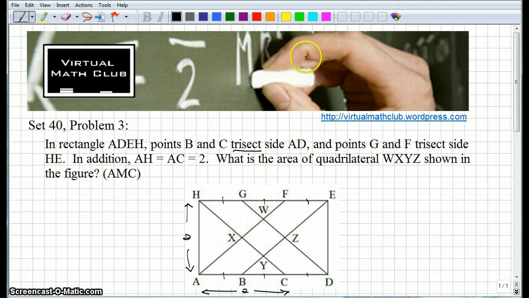I'll pick up a highlighter and highlight this for you. So it's this area right in here. My highlighter is a little wide to color it neatly, but you get the idea. So this is the shape that we're trying to find the area of.